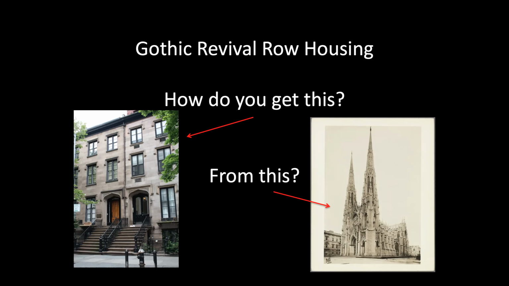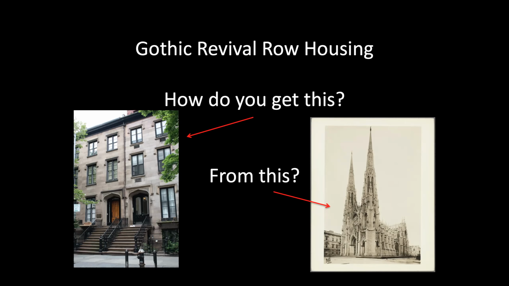And Charles Lockwood explains this in Bricks and Brownstone. There certainly were a lot of them built, but not nearly as many as in the Greek revival style or the later Italianate style. What had to happen is that the details from these cathedrals really had to get abstracted in order to fit the row house template.